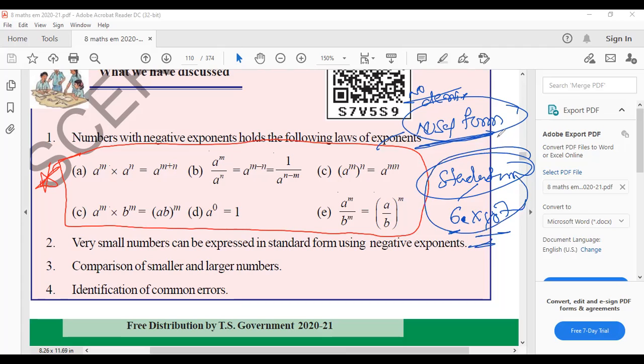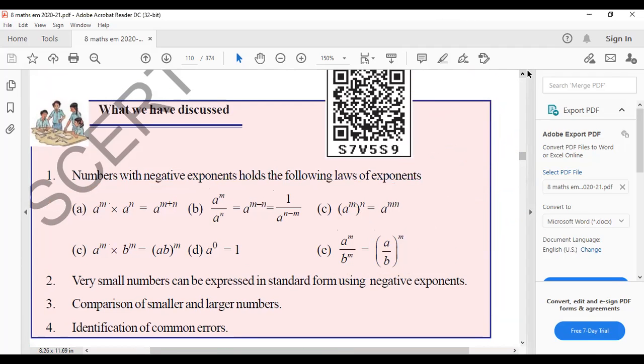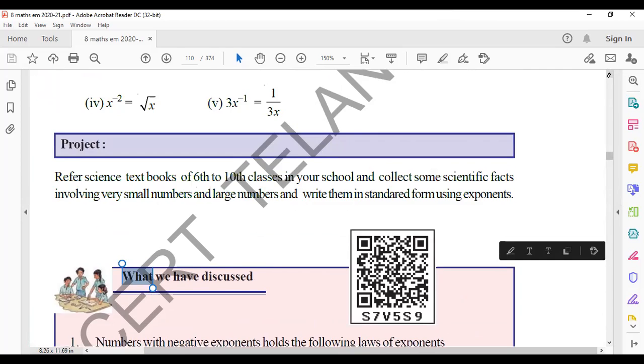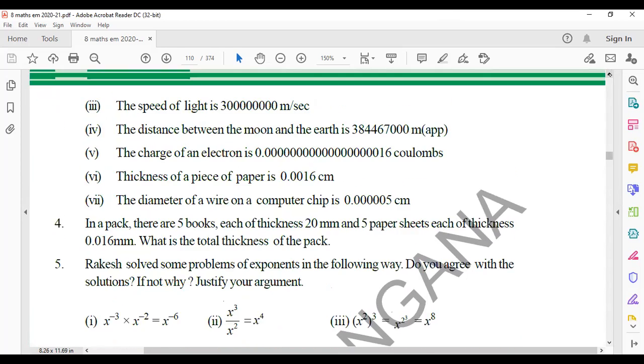This is all standard form. These are all usual forms. That is what we completed in the previous classes. Still clear, or any doubt? Clear. That is the very interesting thing in this chapter.